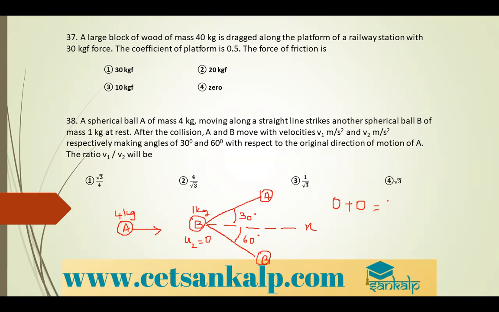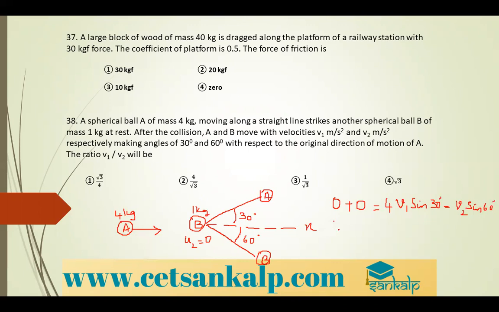So I can write it as 4v1 sine 30, minus, because it is in the negative direction, v2 sine 60 degree.